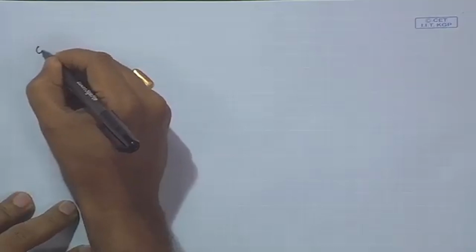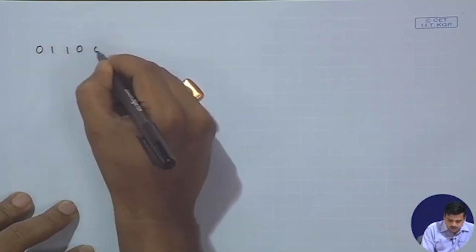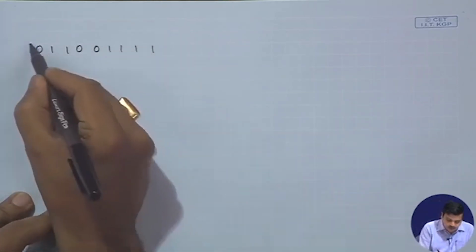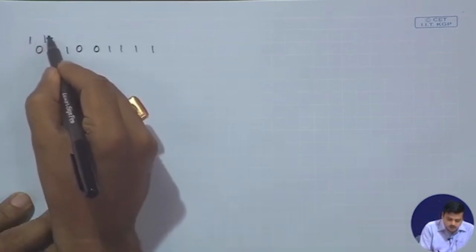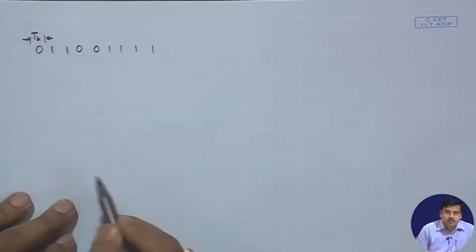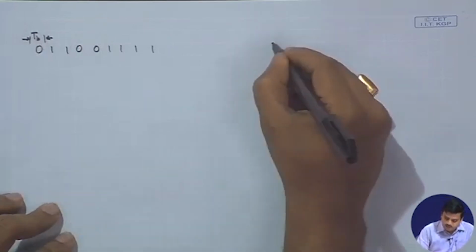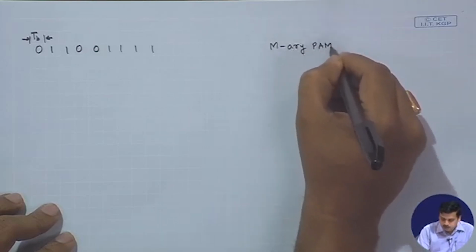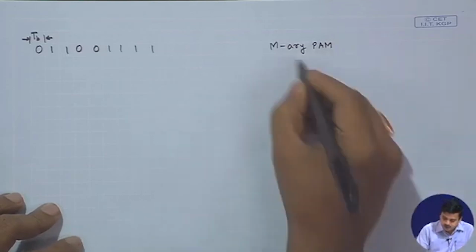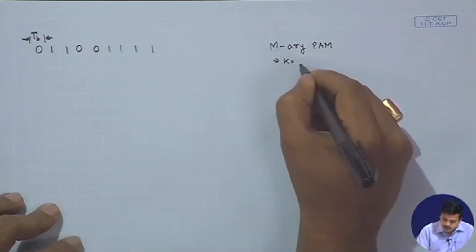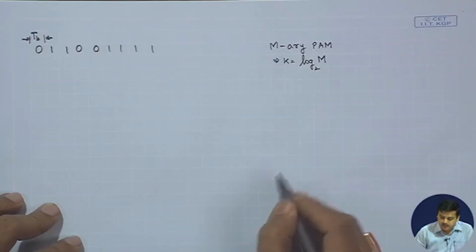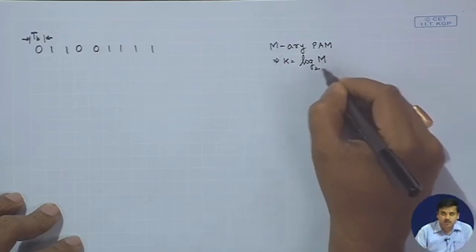So, we have stated that let there be the bit sequence coming from the source, which could be given in this pattern, and definitely this is the bit interval. Suppose you have an M-ary PAM. That means you are interested in k equals log base 2 of M bits to be taken together in order to select one of the M possible waveforms.